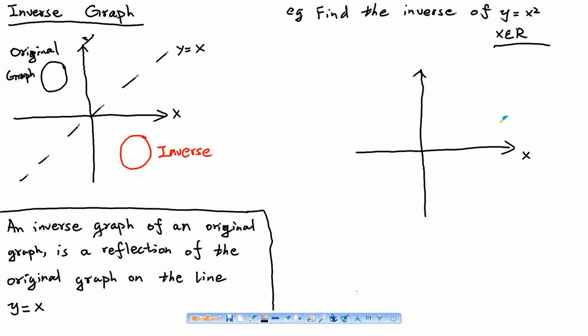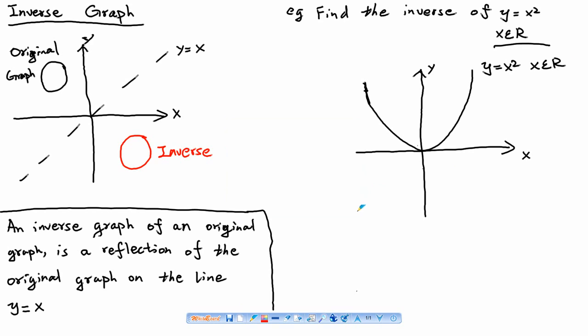I have y, x, so my graph should look like that. Y equals x squared, and the domain is x belongs to R.